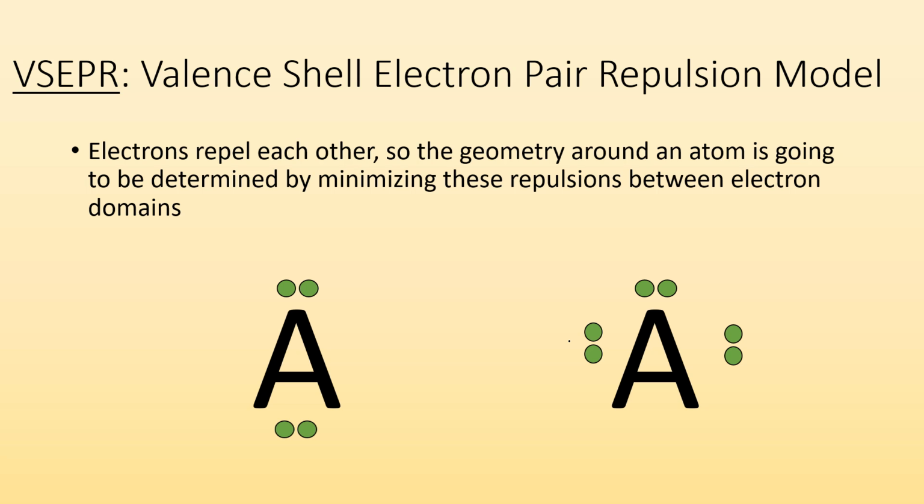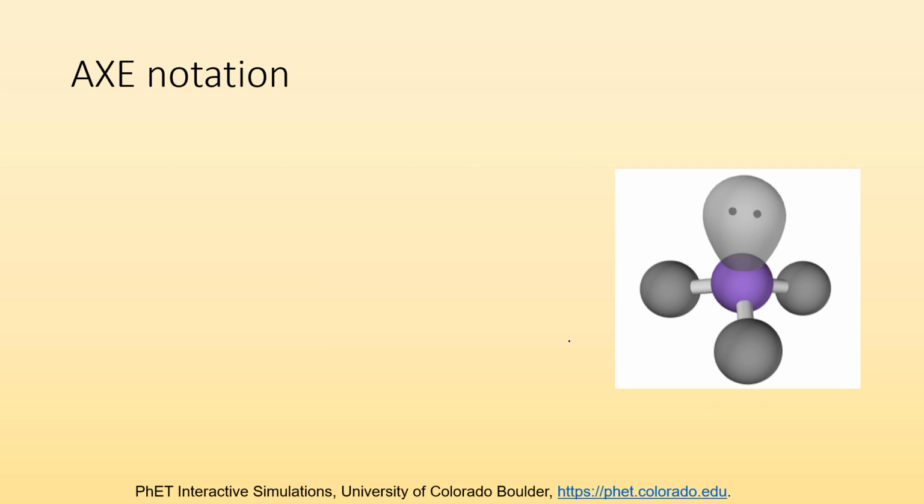If I had 3 electron domains around a central atom, they're also going to spread out in a way that minimizes those repulsions. Basically it's going to try to get as far away from the other electrons as it possibly can. And that's going to dictate what shape these molecules make.